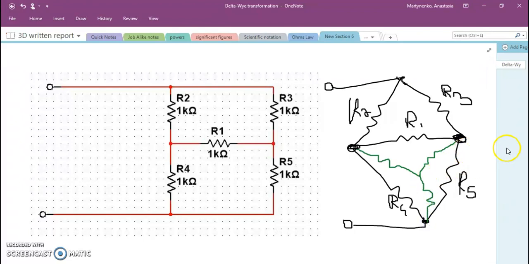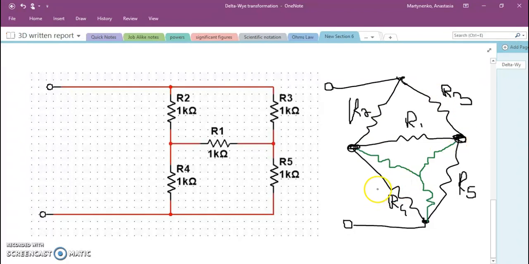And once I do this, I'm actually going to end up with two resistors in series on this side, two resistors in series on this side. So I'm going to have two. Those two will be parallel branches, and then I'm actually going to have a circuit that I want.